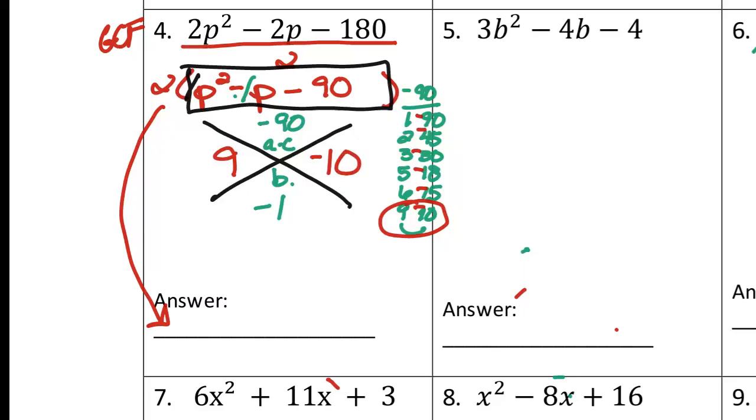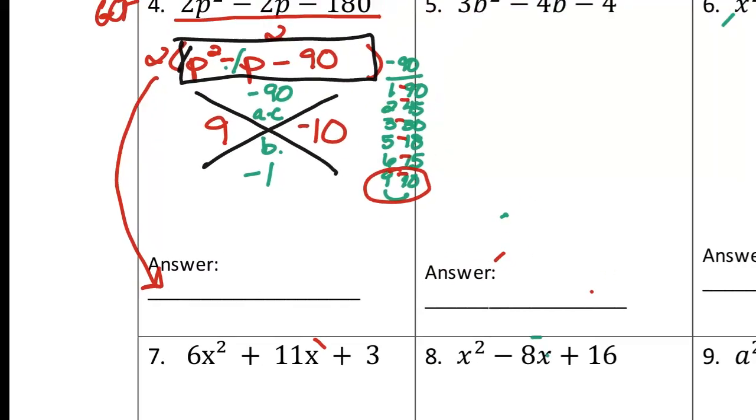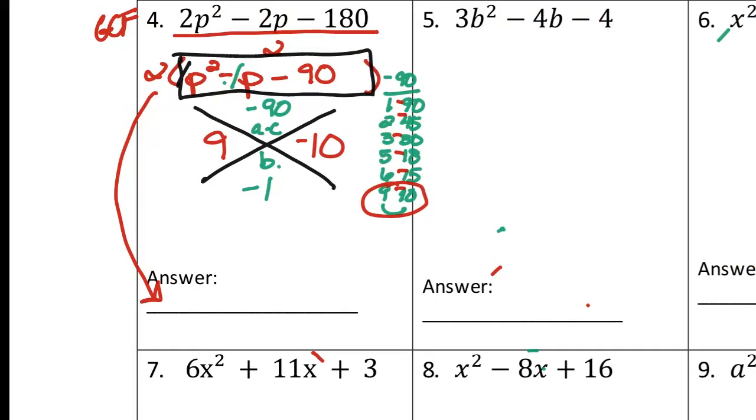Ooh, so excited. We don't have to do the whole thing. So, since A is equal to 1 here, I am going to rewrite this as, can you tell me? P or X, whatever you want to put, plus 9 and P minus 10.